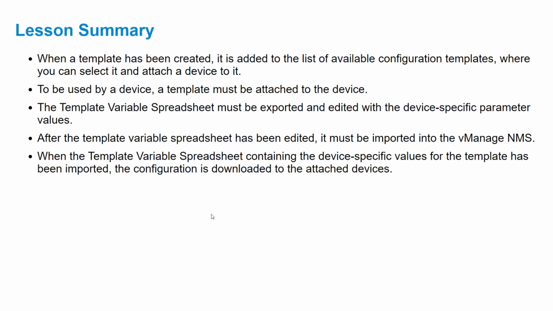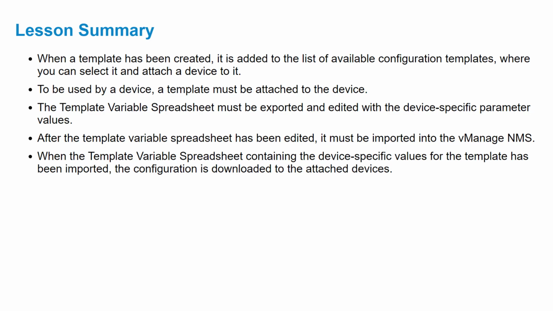The template variable spreadsheet has to be exported and edited with device-specific parameters. After it has been edited, we need to import it back into vManage NMS, and then we use that template variable spreadsheet, which contains all the device-specific values, to download the configuration to the appropriate attached devices on the network.